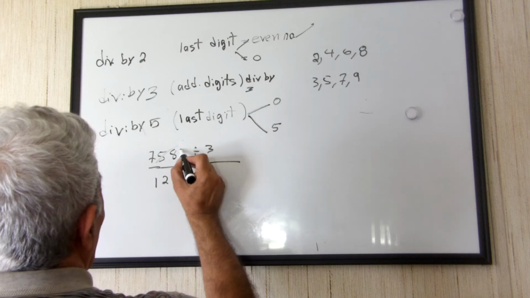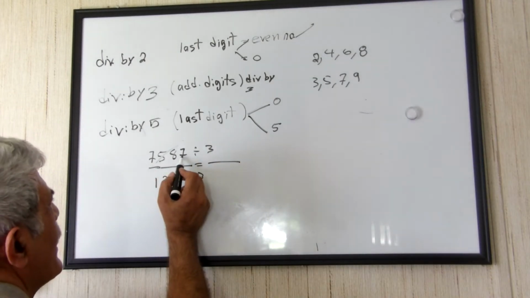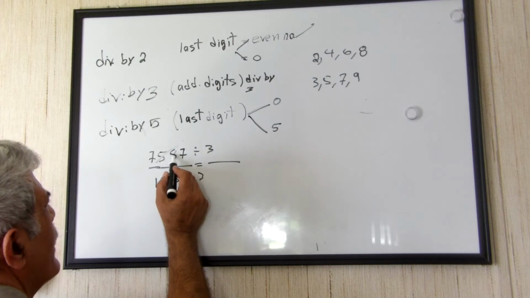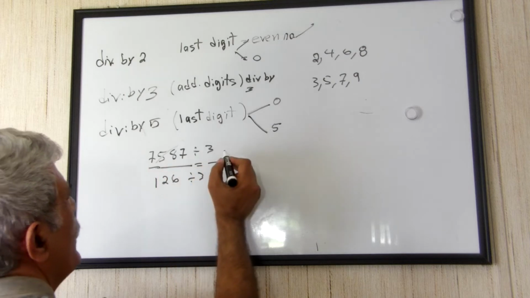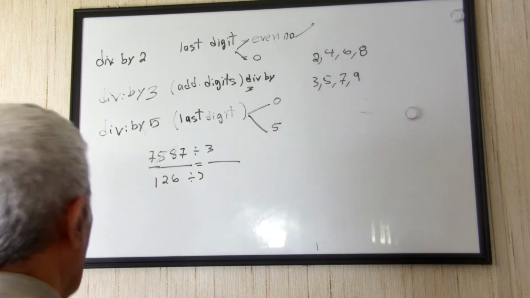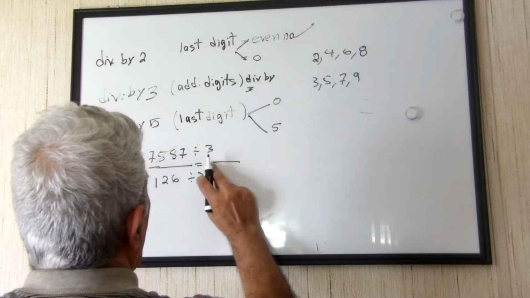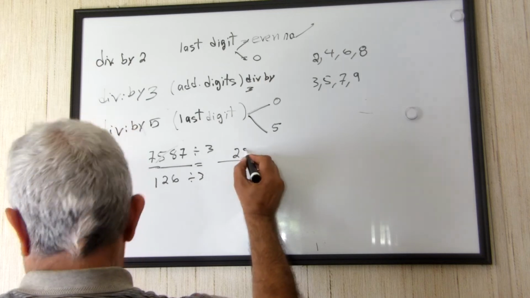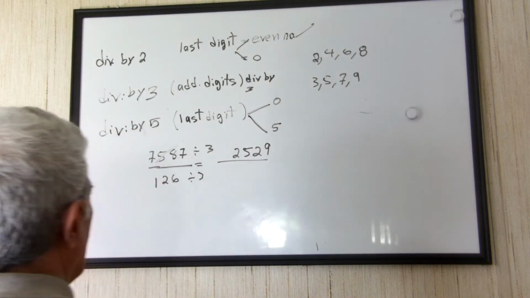It's going to be 7. If we add them together, 8 plus 7 plus 8 is 15, 20, 27. So 27 is divisible by 3, and we can divide this one by 3. So 75, 87 divided by 3 is going to be 25, 29. And we can divide this one by 3.